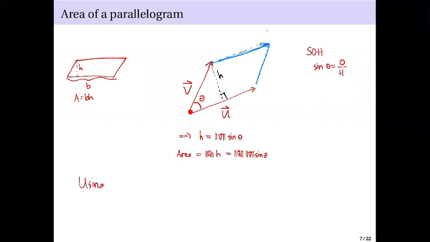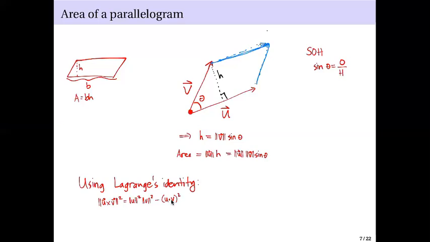Using the Lagrange identity, you have the norm of u cross v squared. This is norm of u squared, norm of v squared minus u dot v squared. Now, do you still remember what u dot v is in terms of the angle?